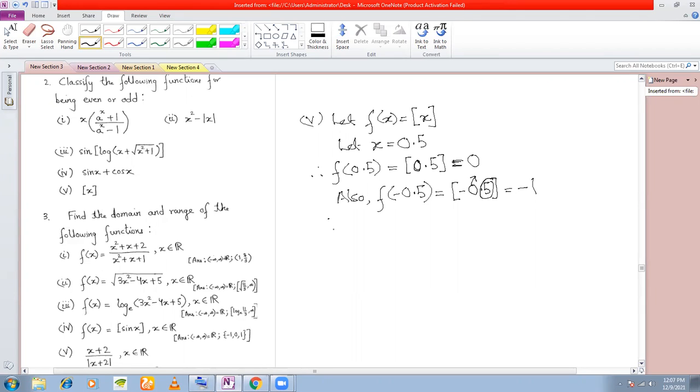So we see that f(-x) is not equal to f(x) for x is equal to 0.5. Therefore, if we get even one exception, can we say f(x) is even or odd? We say f(x) is neither even nor odd.